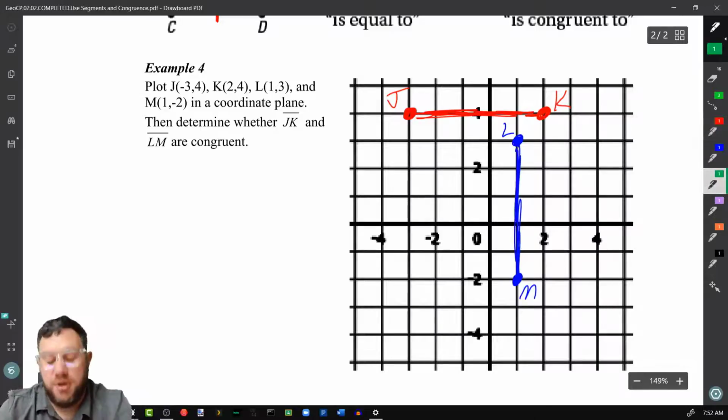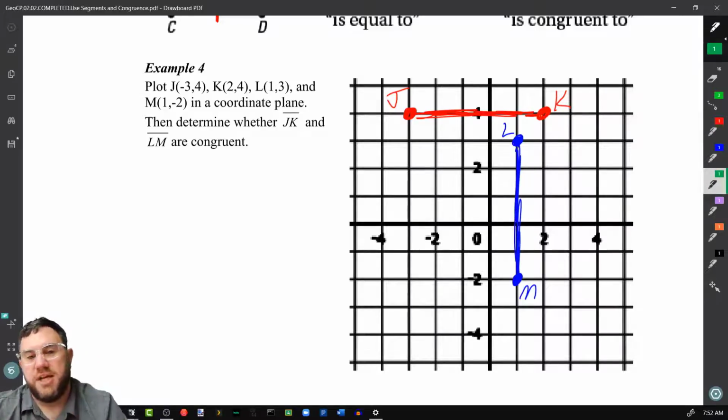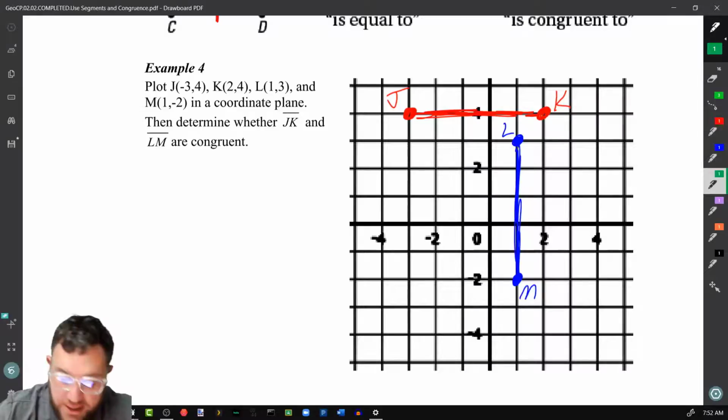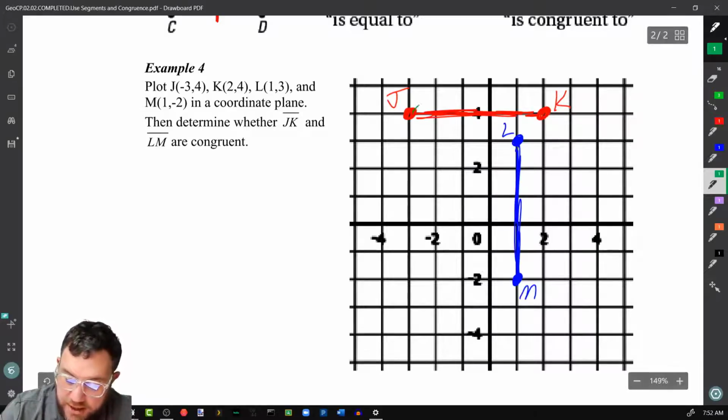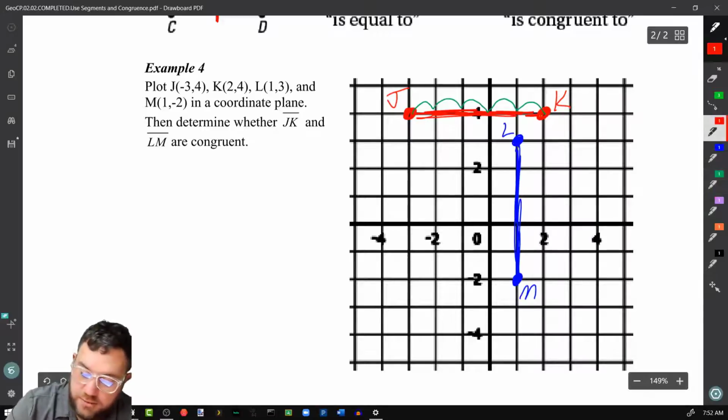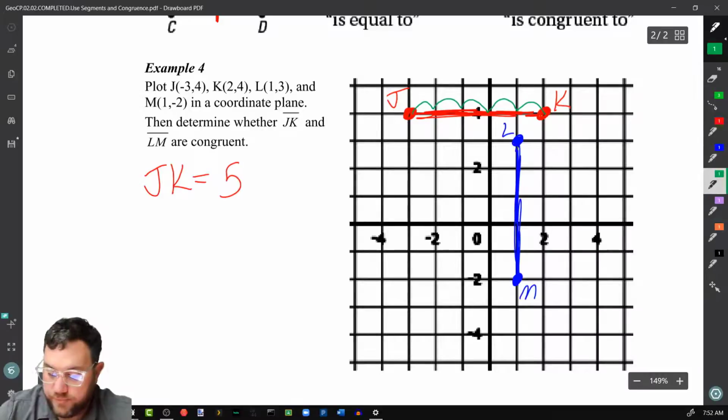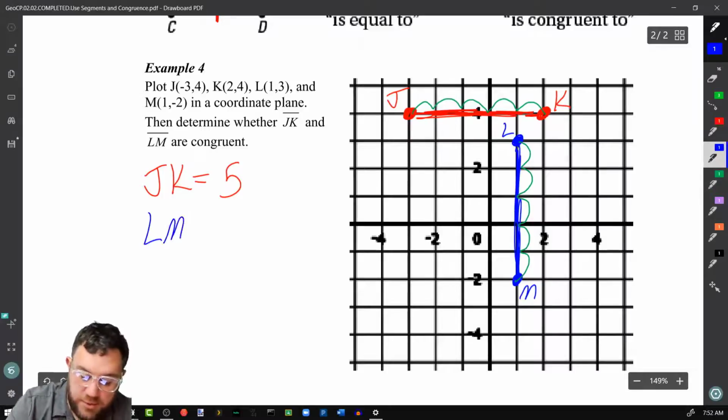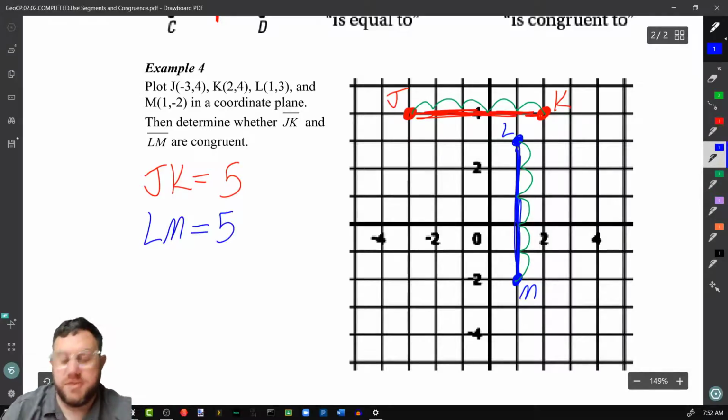And this is where you can go back to, we did this on a coordinate plane so you can count your blocks. So JK is 1, 2, 3, 4, 5 units. So we know JK equals 5. LM is 1, 2, 3, 4, 5 units. So we know the length of LM equals 5.